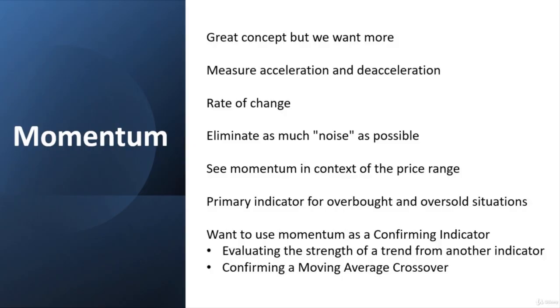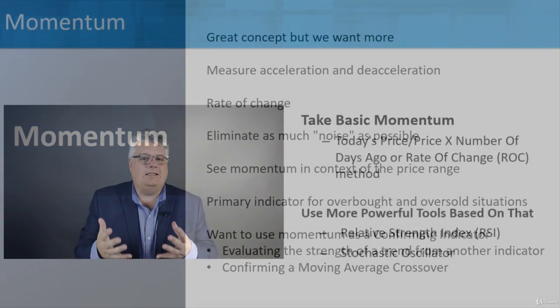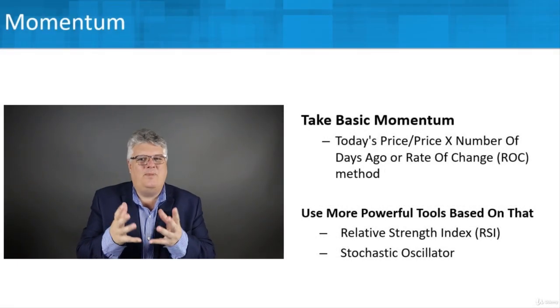You could say, I think there's a trend here. I'm seeing a crossover. I want to confirm that with a momentum indicator, to see if it's also saying we might have a good opportunity to buy or sell by looking at that price change, acceleration and deceleration. So that's momentum, the basic math concept and what it does, measuring that rate of change.